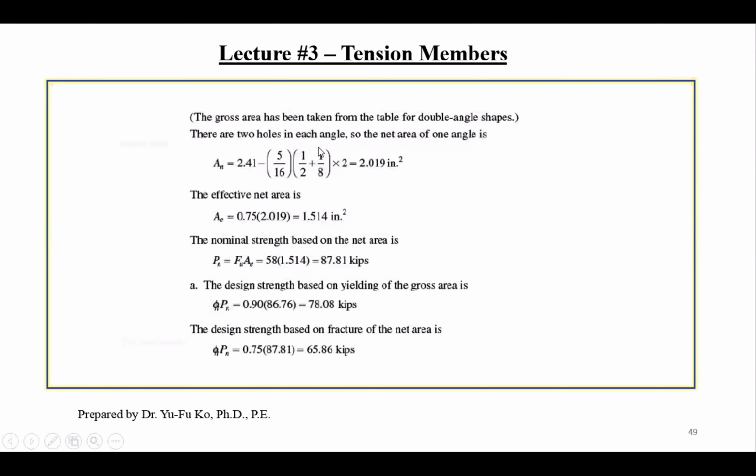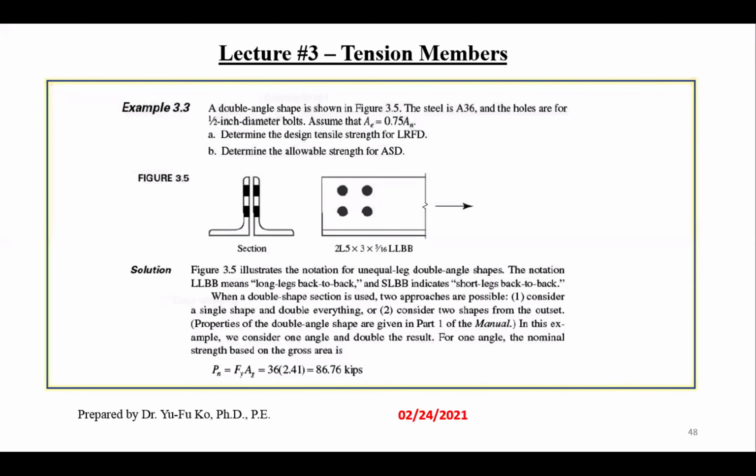If there are two holes in each angle, now we are going to calculate fracture strength. For fracture strength, we need to calculate net area. In this case, fracture. So how many hole diameters do you need to subtract from Ag?